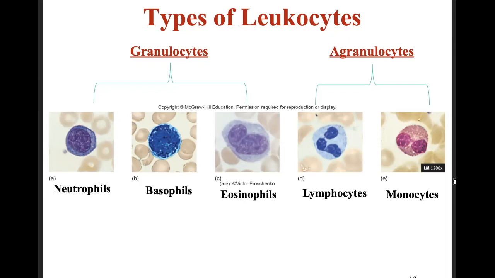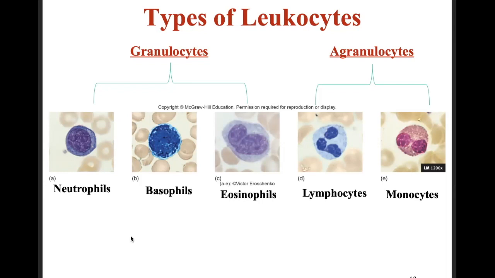Your monocytes are the largest and they produce macrophages. I hope this is clear. Types of leukocytes: we have two, granulocytes with granules and agranulocytes without granules. Granulocytes: neutrophils, basophils, eosinophils. Agranulocytes: monocytes and lymphocytes.